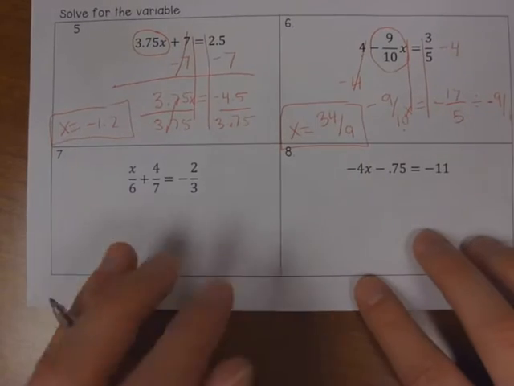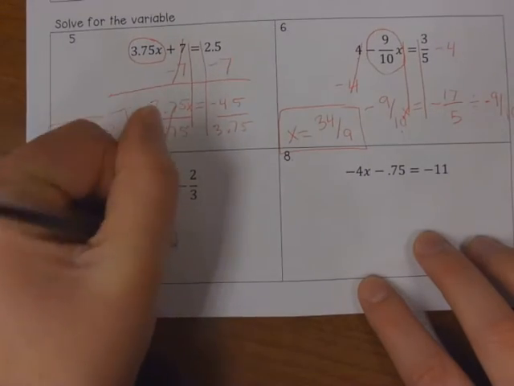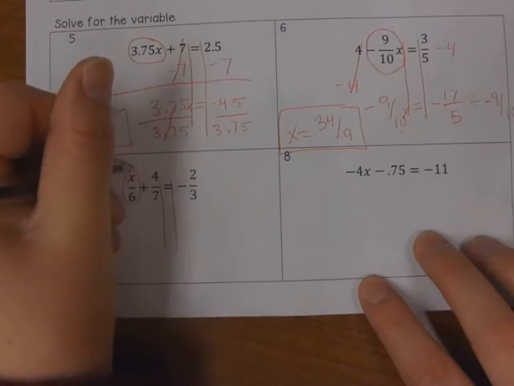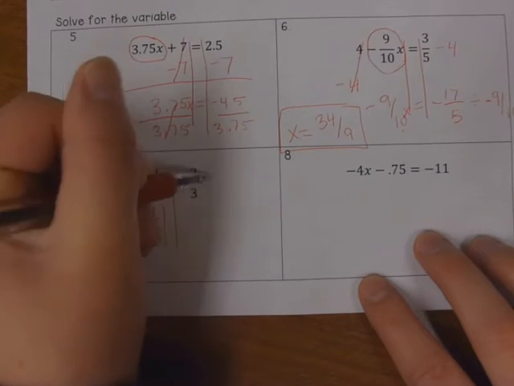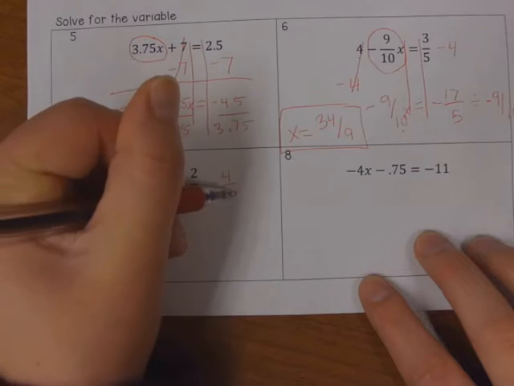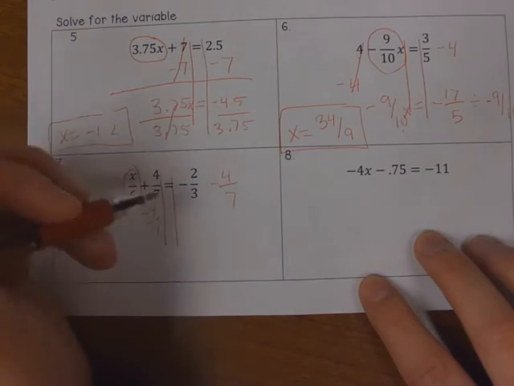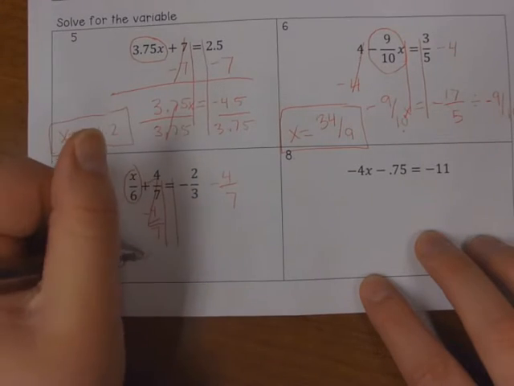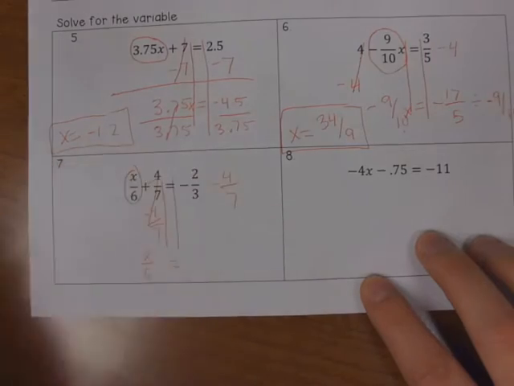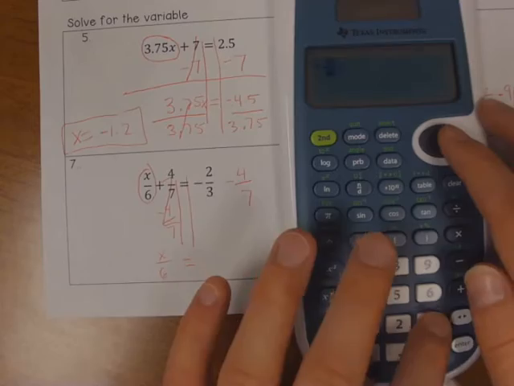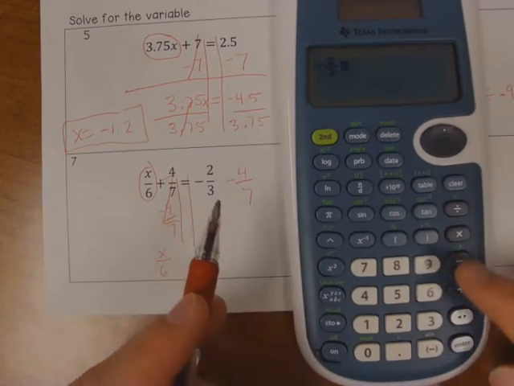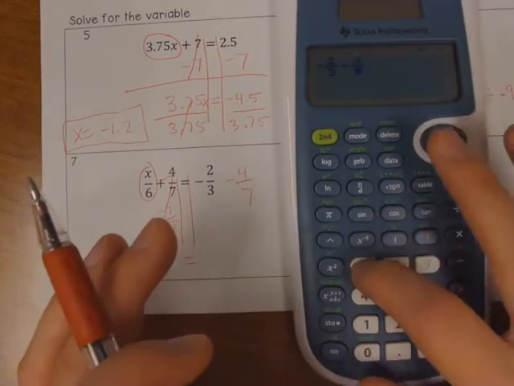Number 7, you have your railroad tracks, circle the variable. You have plus 4/7, so I'm going to minus 4/7. Minus 4/7. Those cancel. Now I'm left with x over 6 equals negative 2/3 minus 4/7. Don't forget the negatives.